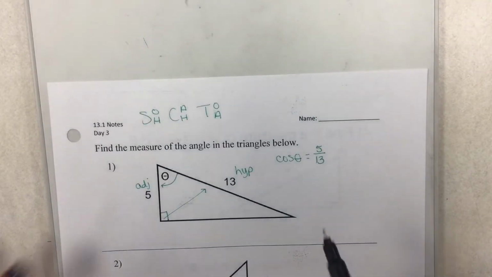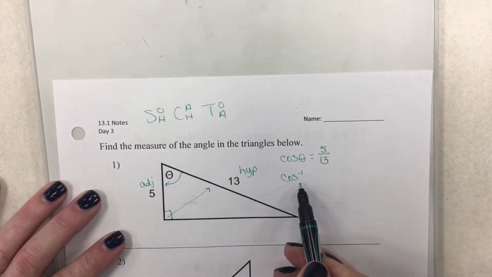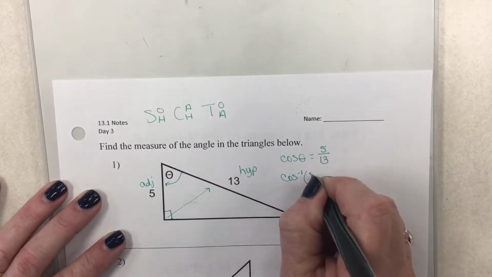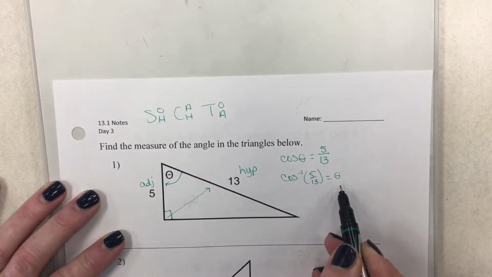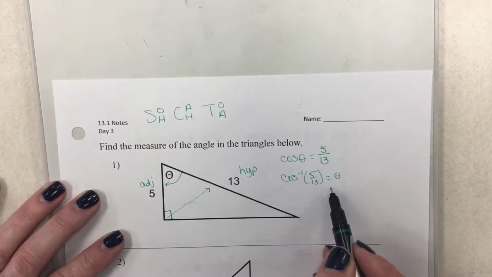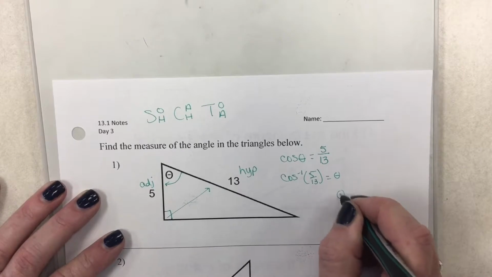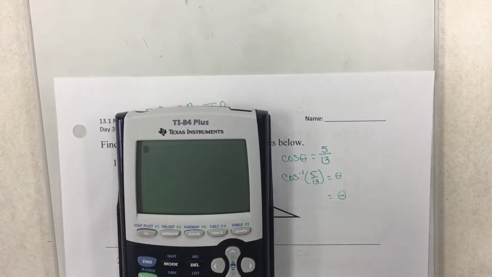So our next step in our notes, we would write cosine inverse of 5/13 is going to give us some angle measurement. On your calculator, you're going to type it in exactly as we have it written: inverse cosine, 5/13, and you hit enter, and you should get 67.38.